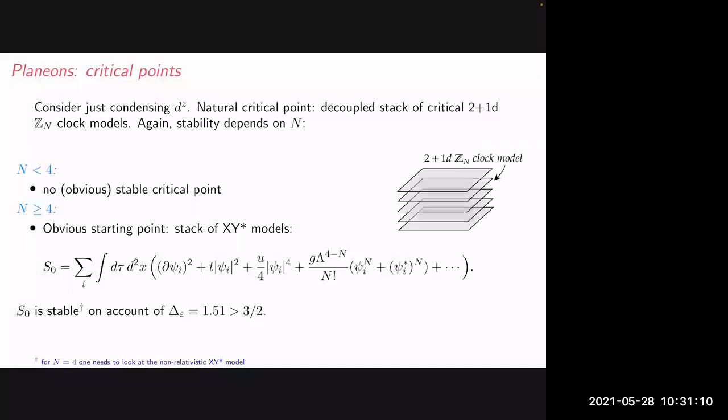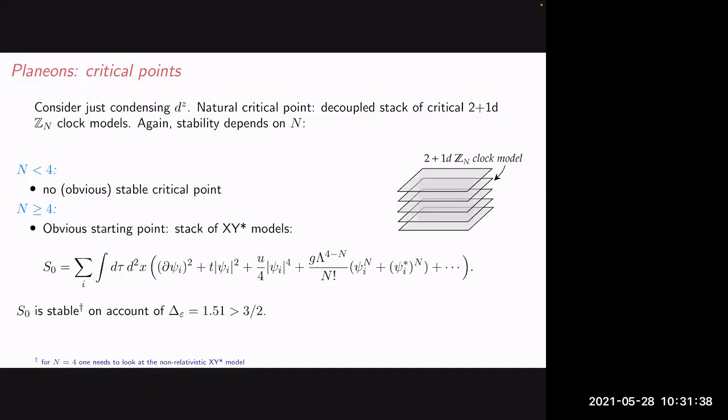However, when n is greater than or equal to 4, then again what we do is use some sort of continuum U1 description. You write down a stack of XY models, which would have the form given in the equation.